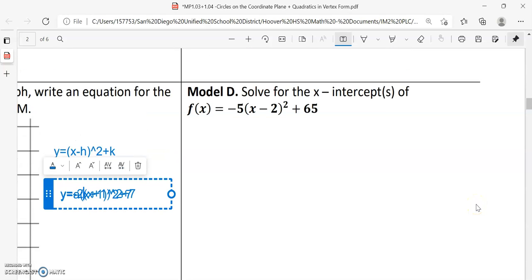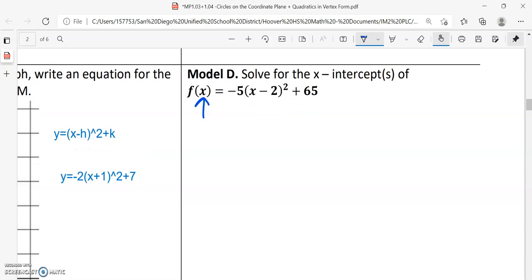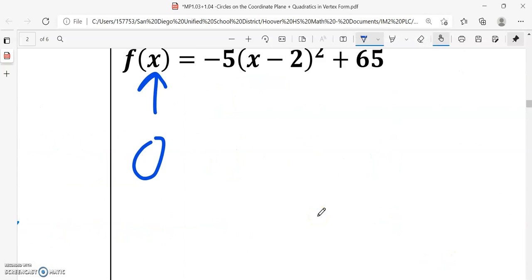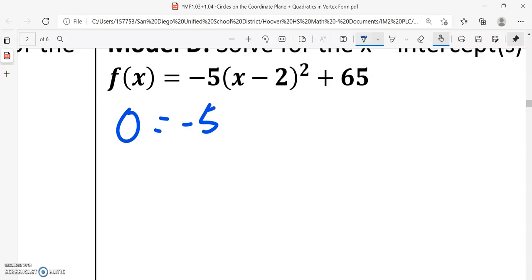Solve for the x-intercept. So x-intercept means that our y value is 0. We're going to solve for an equation. So let me erase that real quick so I have more space. 0 equals -5 (x minus 2) squared plus 65.